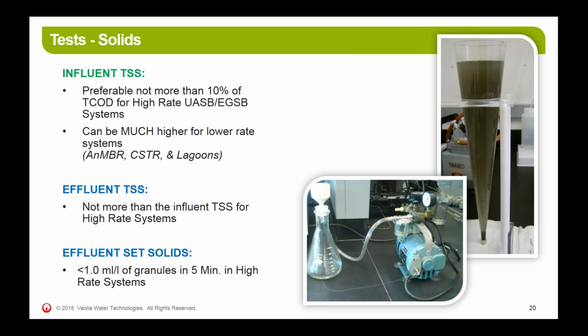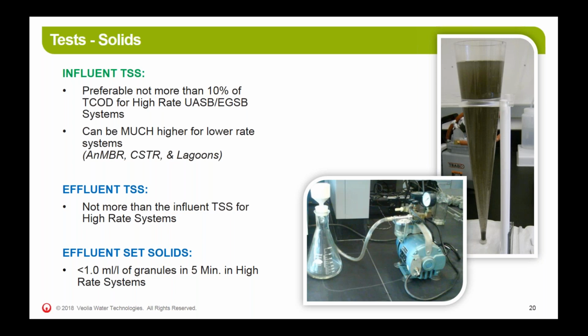The solids. Again, the type of process you are dealing with determines what kind of influent solids you want to look at. For the UASB and EGSB systems, you don't want your influent TSS to be more than 10% of your total COD. So if your COD was 5,500 milligrams per liter, you wouldn't want your TSS to be more than 550 milligrams per liter.